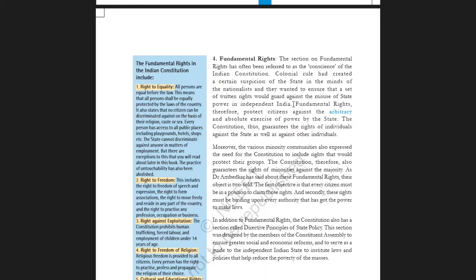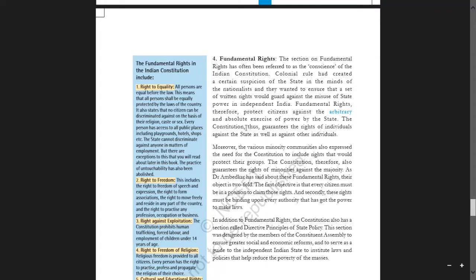in independent India. Fundamental rights therefore protect citizens against the arbitrary and absolute exercise of power by the state.